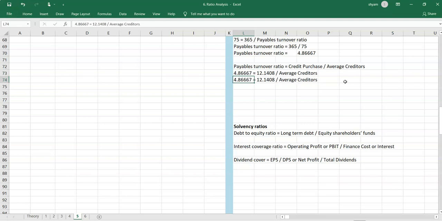Okay, and before that we will make an assumption. Assume all cost of sales as credit purchase.